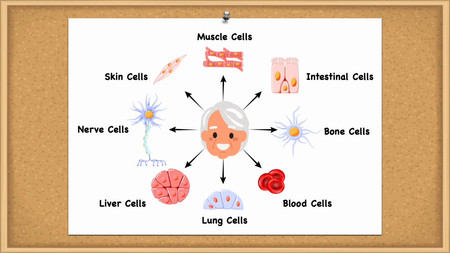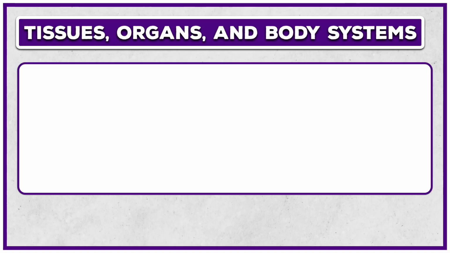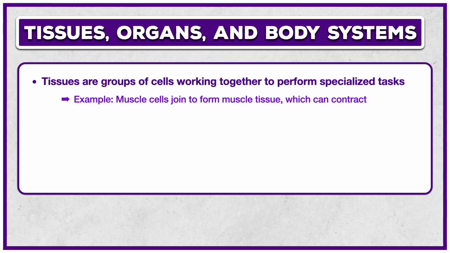With that said, there are various types of cells in the body, and they all have a unique structure and function. Examples of cells include muscle cells, intestinal cells, bone cells, blood cells, lung cells, liver cells, nerve cells, and skin cells.